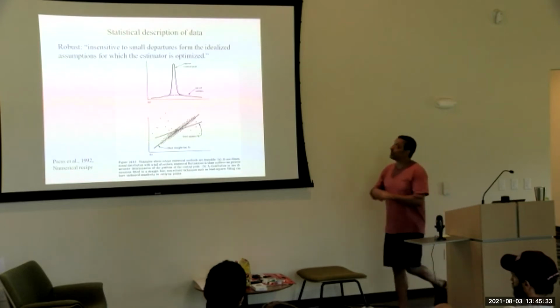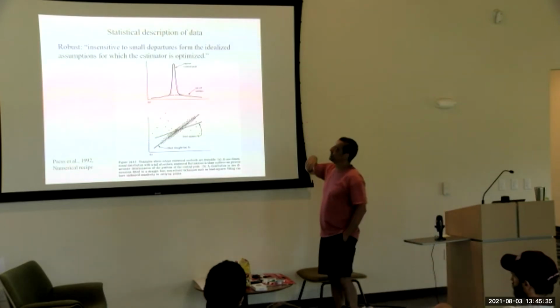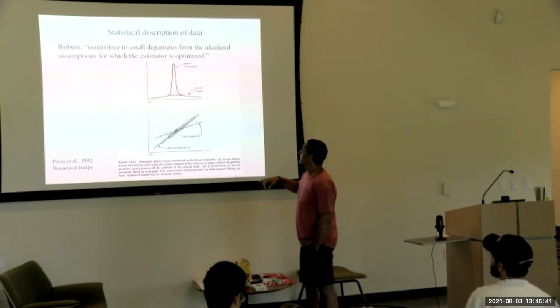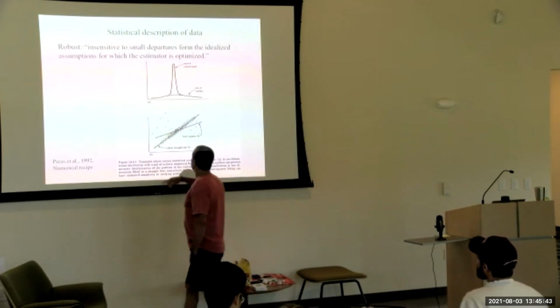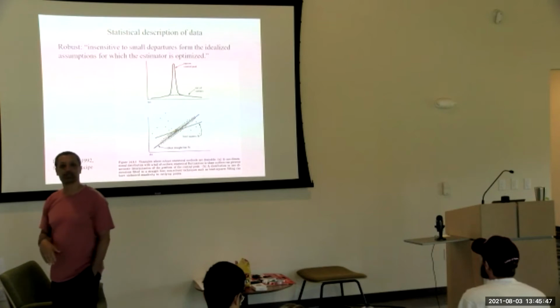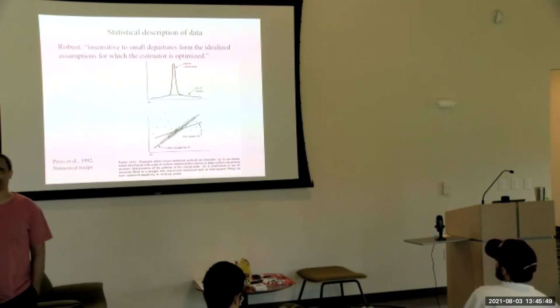Robustness means insensitive to small departures from the assumption. This is a really nice example of how, by eye, you see a very good line, but then there are all these other points going along.